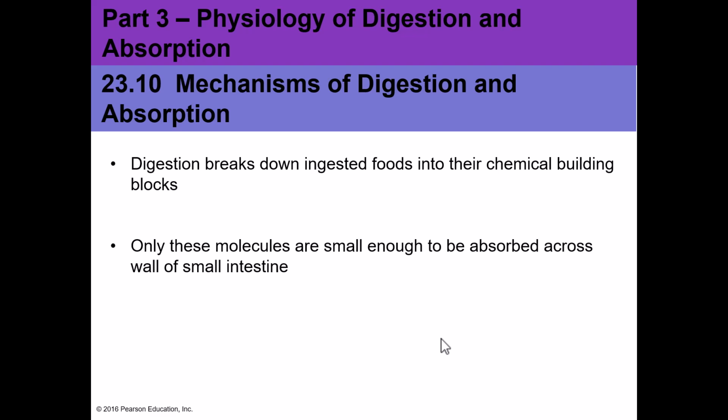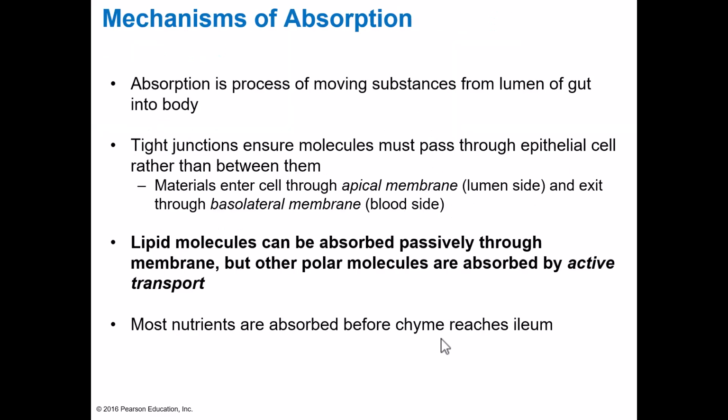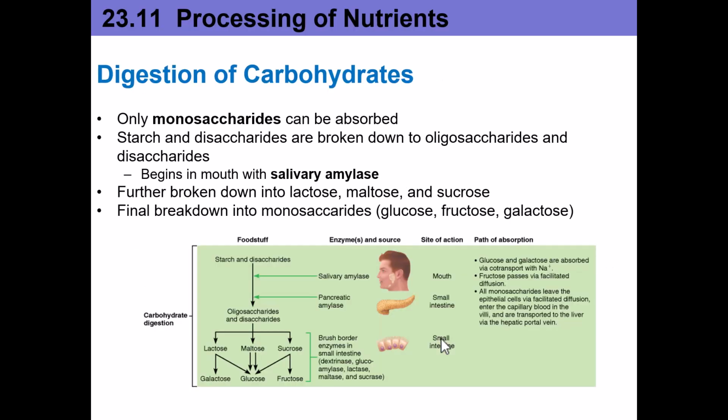The last thing I want to talk about is the nutrients in general. I'm not going to ask you how these nutrients get passed into the blood, like how they're actually being transported. These last few slides are great because they are summarizing by nutrient where each nutrient is getting digested and absorbed.